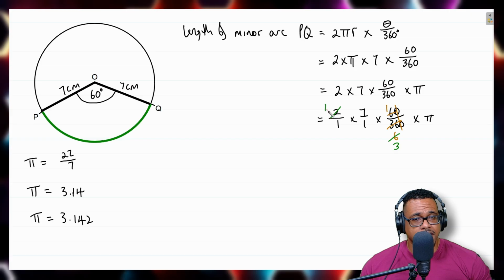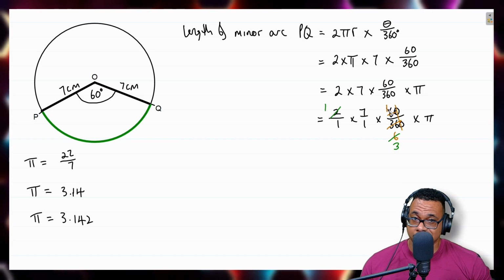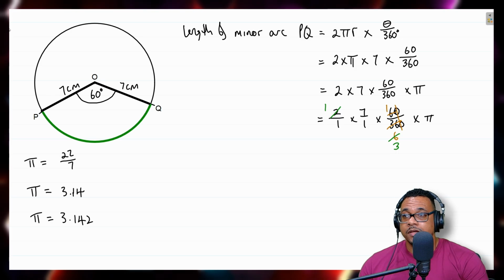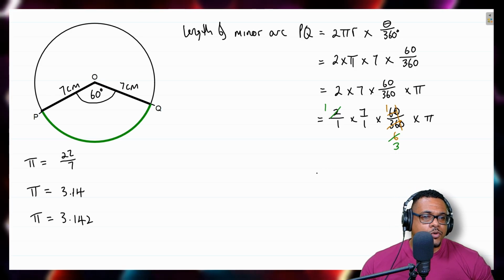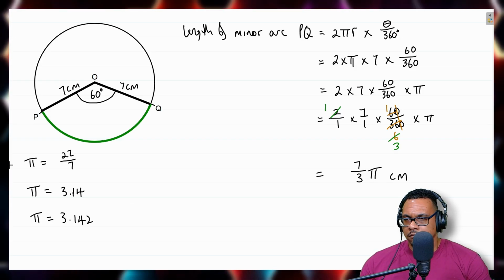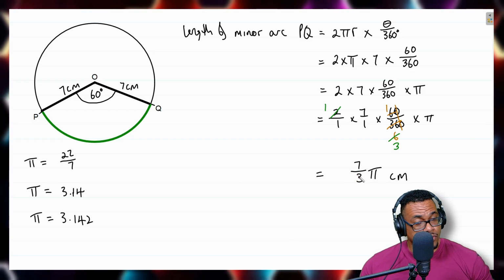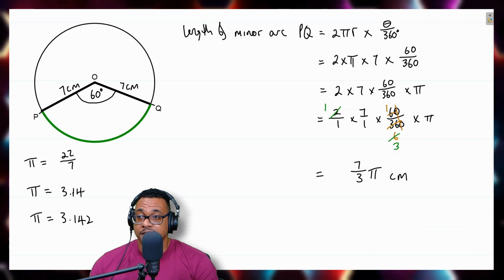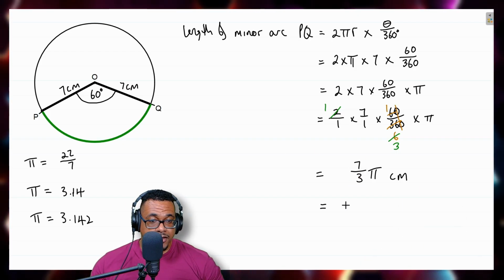So for the numerator, we'll have 1 by 7 by 1, which is just 7. And for the denominator, we'll have 1 by 1 by 3, which is just 3. So what we'll have is simply 7 over 3 pi centimeters. Now you can leave the answer like this, or you can write this as a mixed number. So 3 could go into 7 2 times, remainder 1.